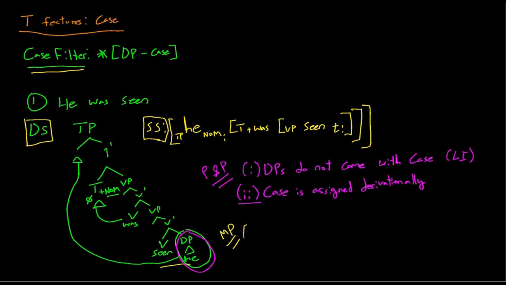In particular, what happens if we assume first that DPs have some sort of inherent case, and second, case is not assigned but rather case is checked derivationally.